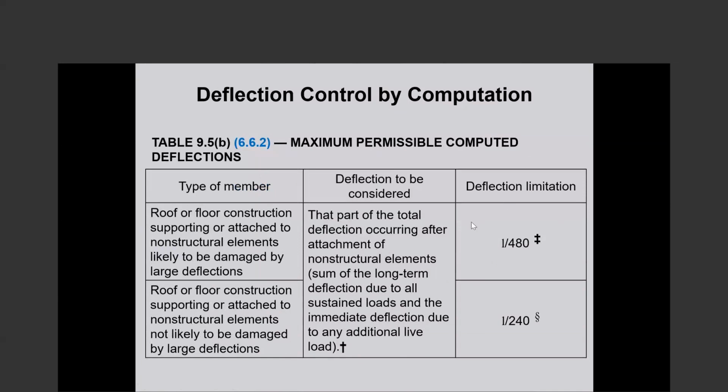Likely to be damaged, the limit is tighter, deflection limit. Not likely to be damaged, we have more liberal limit. Okay. Now, what deflection do the limits apply to?